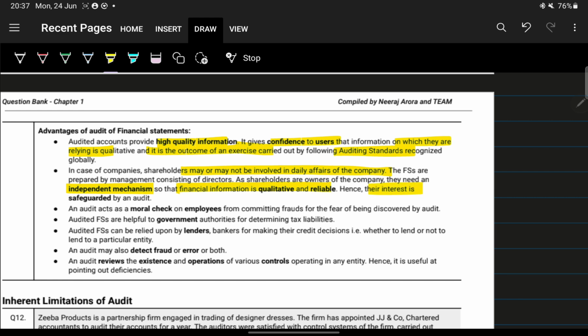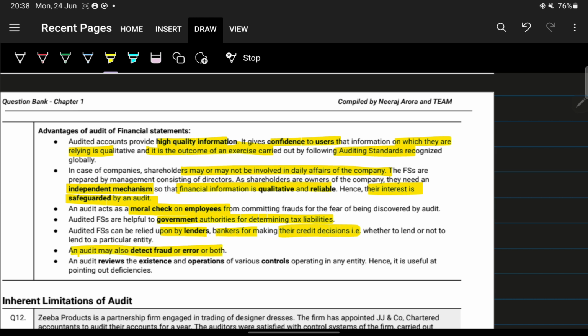So the interests of the investors are safeguarded by audit. It keeps a moral check on employees from committing frauds or errors. Audited financial statements are helpful for government authorities to determine tax liabilities. And financial statements can be relied upon by lenders and bankers for making their credit decisions.